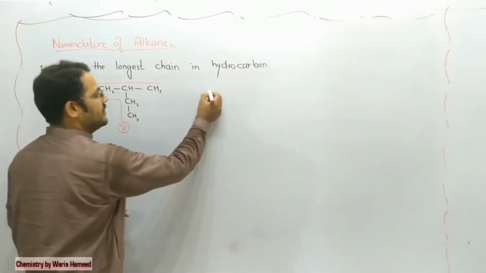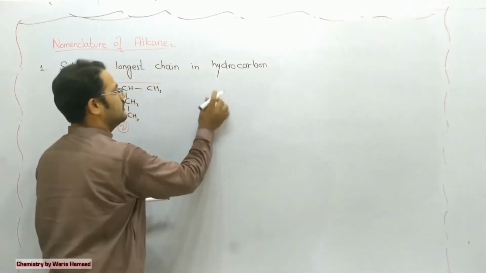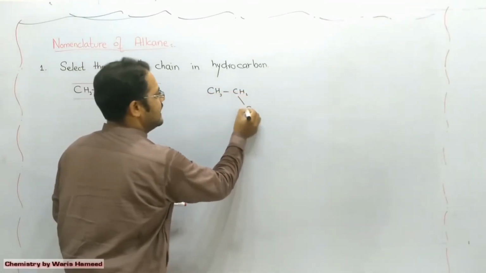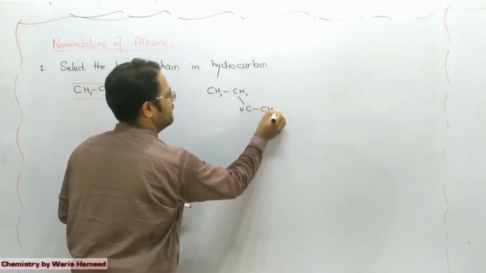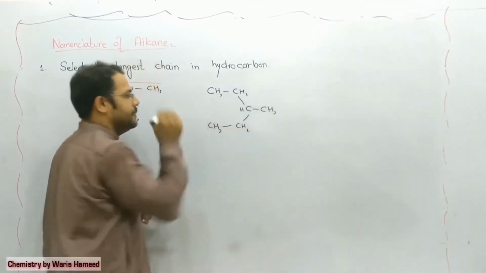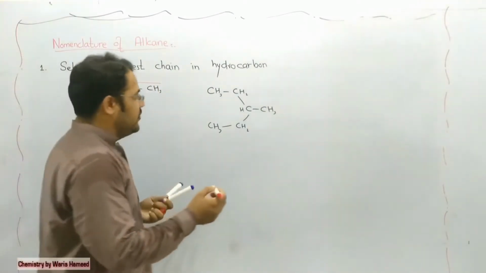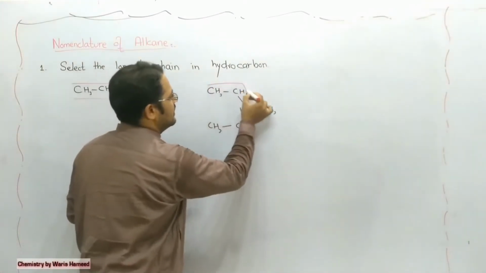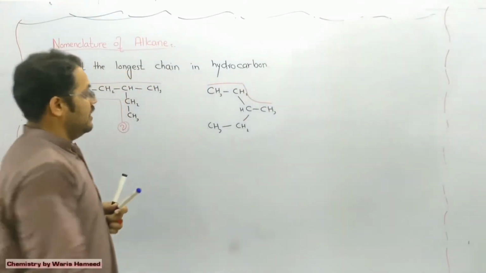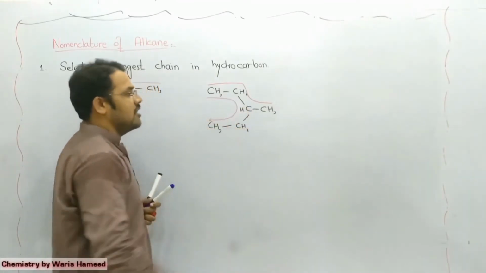Another example, CH3, CH2, CH, CH3, and here is CH2, and here is CH3. Now look at this molecule. If I mark the longest chain, there is one possibility, and there is another possibility with the maximum number of carbon atoms.